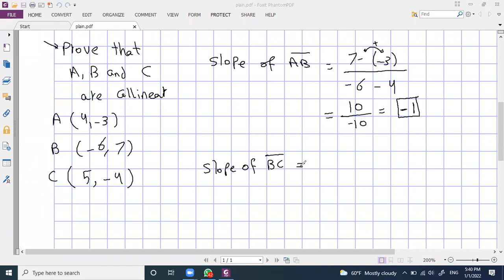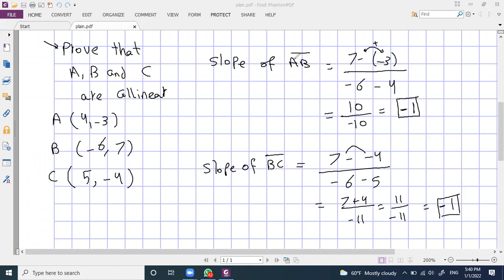Okay, well done, Alia. Salma, find the slope of BC. 7 minus negative 4 over negative 6 minus 5. So 7 minus negative 4 will be 7 plus 4, 11, over negative 6 minus 5, negative 11. So it's 11 over negative 11 equals what? Negative 1.